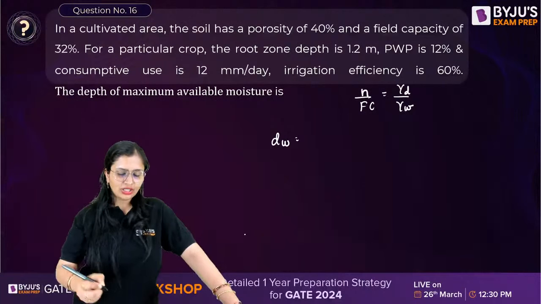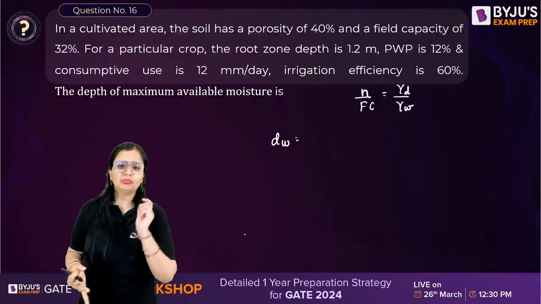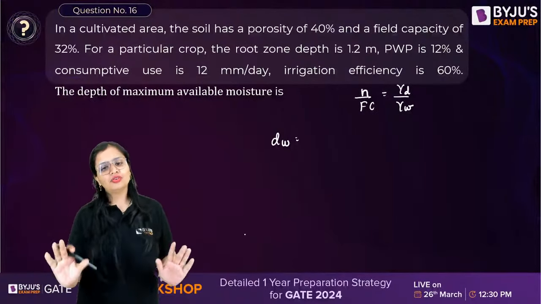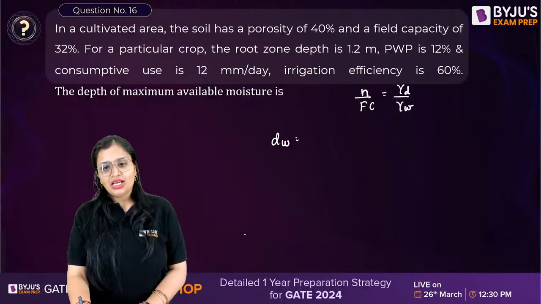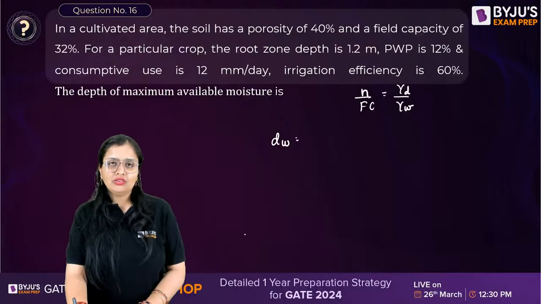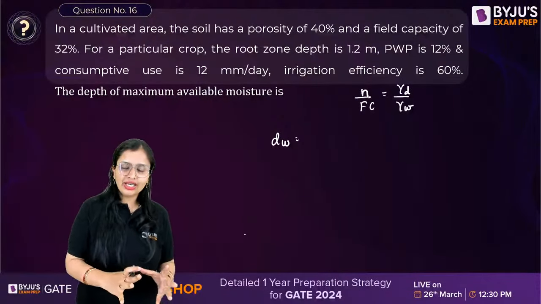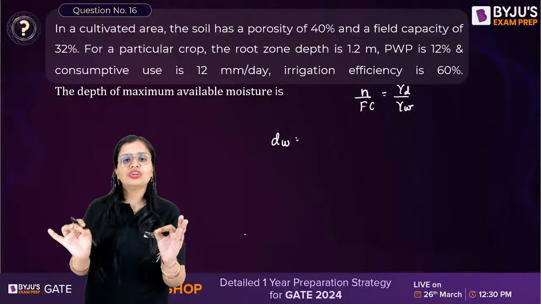Here they are asking you the depth of maximum available moisture. Every data, field capacity, permanent wilting point, root zone depth, everything is given to you. So you have to just calculate the depth of maximum available moisture. And let me tell you one thing, this is very important. Whenever you calculate frequency of irrigation, there is no use of irrigation efficiency.